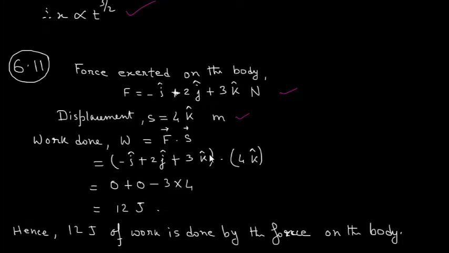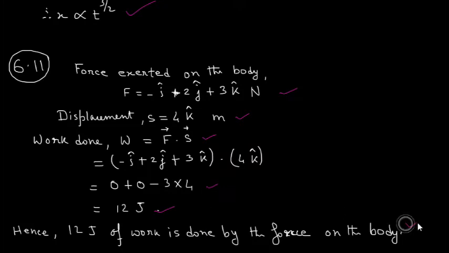Work done W is equal to F dot S. So the dot product of minus I plus 2J plus 3K dot 4K is equal to 12 joule. Hence 12 joule of work is done by the force on the body.